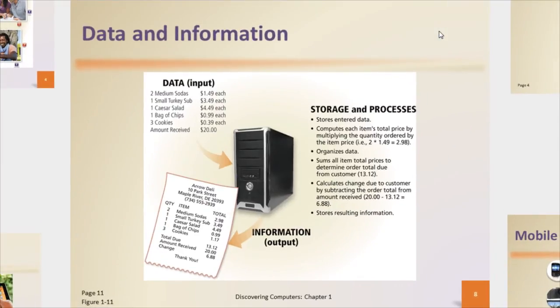So now we need to talk about this concept of data and information. As I mentioned at the beginning, this is a concept that sometimes students struggle with. The idea that input is simply raw data. The example that I used in class was 2.5, 3.7, 1.8. We throw these random numbers out there and they don't necessarily mean anything.